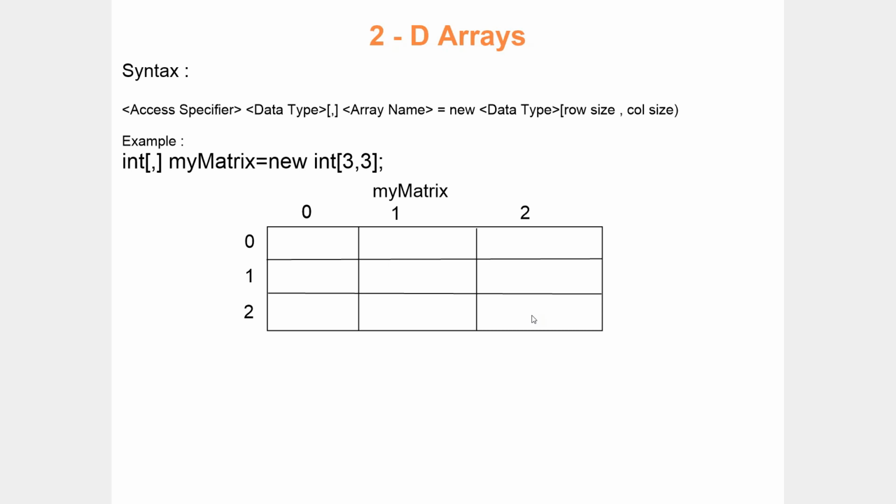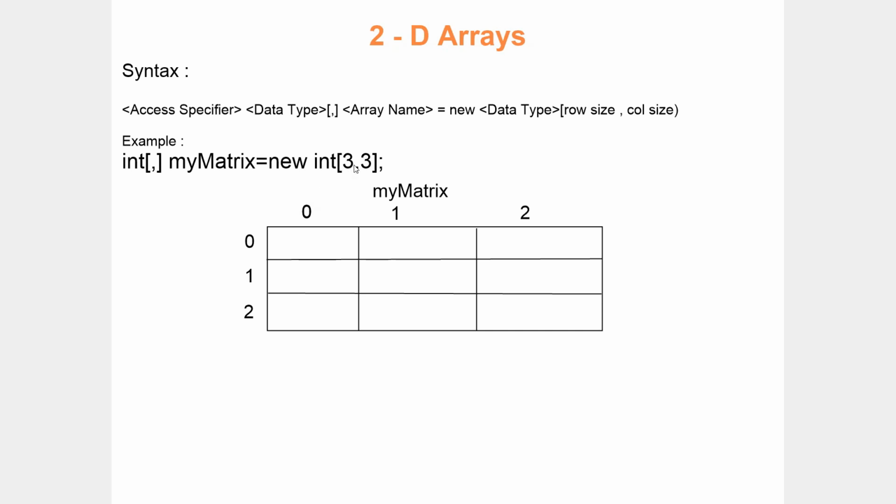So when you talk about the nature of an array, always the first location starts from 0. When you talk about a 2D array, always the first row will start from 0. I mean, the first row will always be located at 0th position. In the same way, the first column will also be located at 0th position.